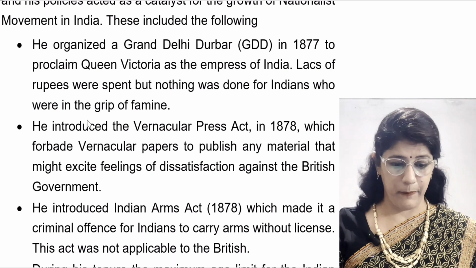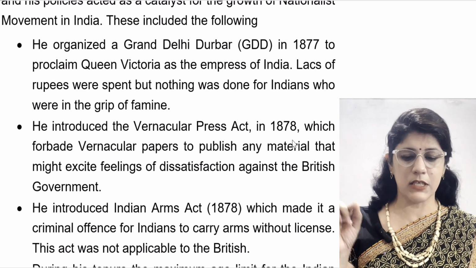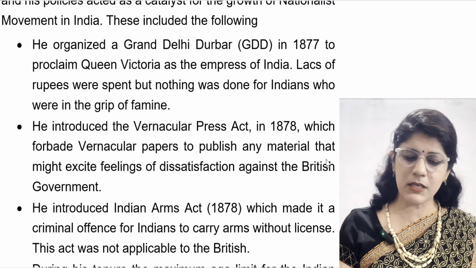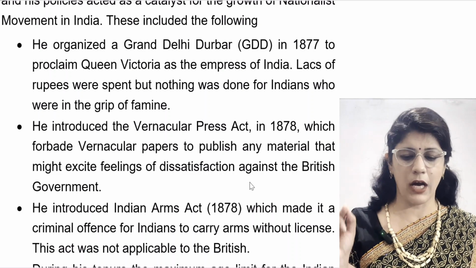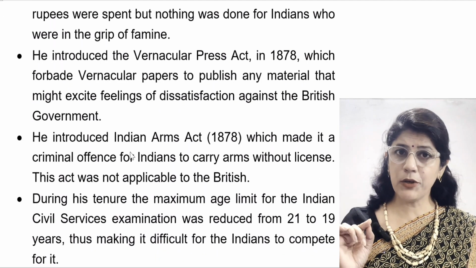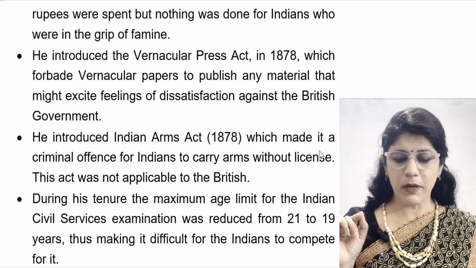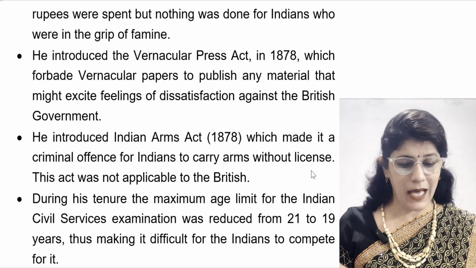He introduced the Vernacular Press Act in 1878, which forbade vernacular papers to publish any material that might excite feelings of dissatisfaction against the British government. Next, he introduced Indian Arms Act in 1878, which made it a criminal offence for Indians to carry arms without license.